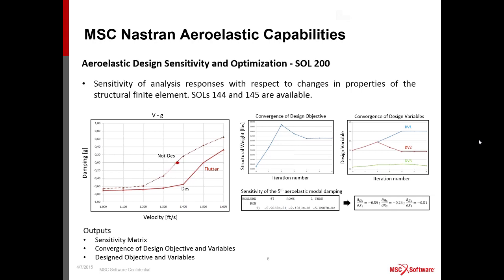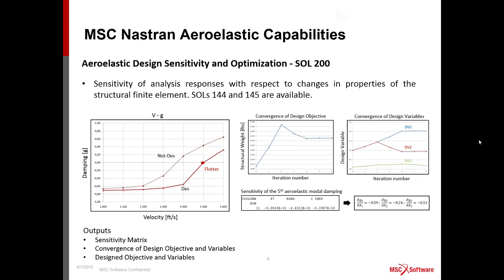At the end, as you can see, the flutter point moves forward as we wanted, okay? So we can look at the convergence of the design objective, which in this example was the structural weight, and we can understand how it is moving during the iteration process. We can even look at the convergence of the design variables, okay?